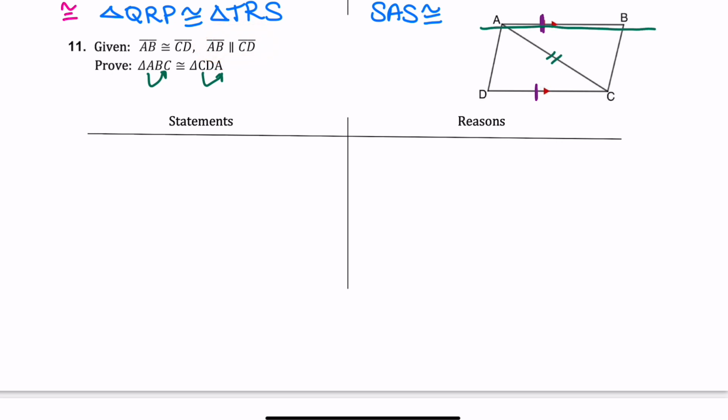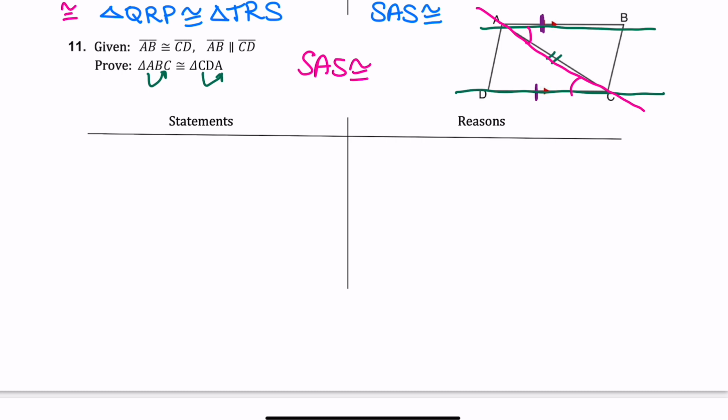If these two lines are parallel, then we have a transversal here, and if those lines are parallel, the alternate interior angles are the same. So when I look at this, I think that these are going to be the same because we have two sides with an angle in between, and so this is going to be side angle side congruence.